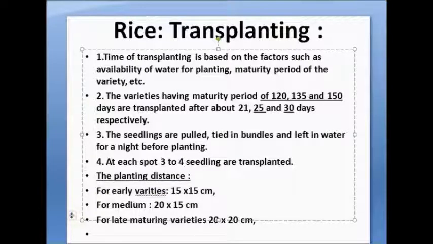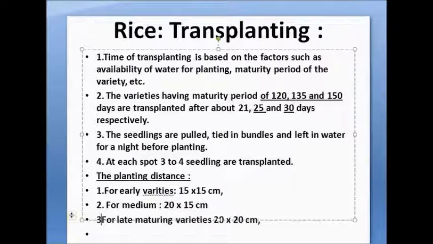Now in this case, spacing for transplanting depends upon different types of varieties. There are important 3 kinds of varieties, that is early variety, then medium variety, and late maturing variety.